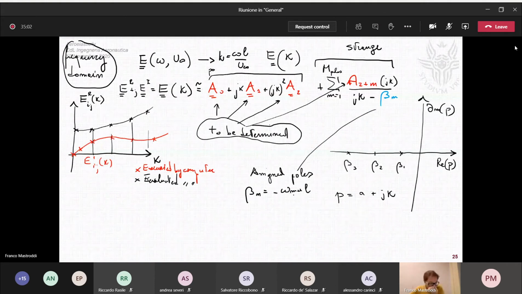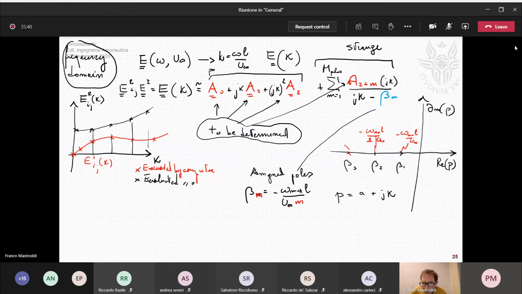If you multiply omega max, the maximum frequency of the problem, by L divided by U infinite, and divided by M, you have a first pole equal to minus omega max L divided by U infinite, and a second pole equal to omega max L by 2 U infinite, and again the others.